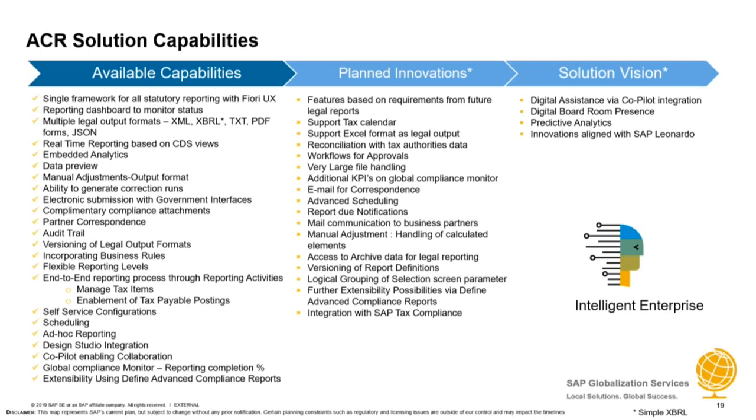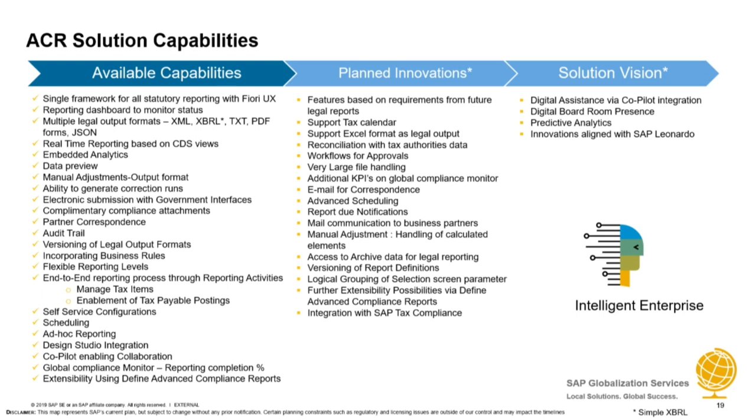How can we have some sort of digital assistant, a co-pilot? While you are generating the report, you will have some sort of guidance, somebody within the system who will tell you the next step should be this way, you need to check this, you need to make sure it works this way. Then predictive analysis: we are not just talking about the actual data of today, but we can even have some sort of prediction for what's going to happen in the future.